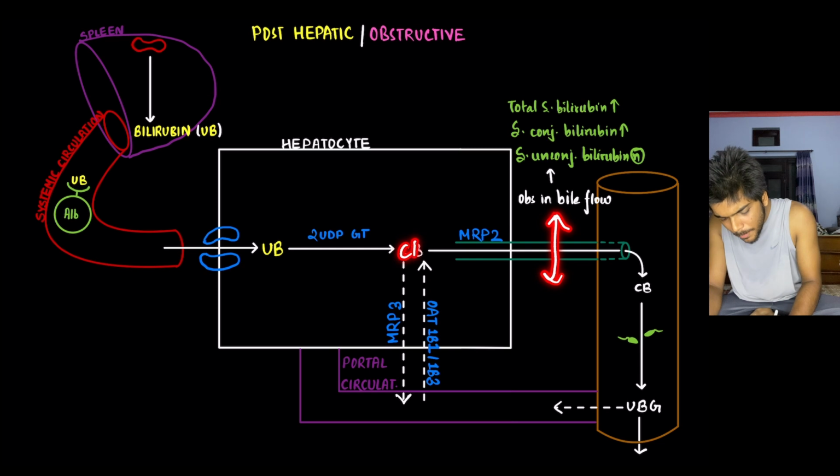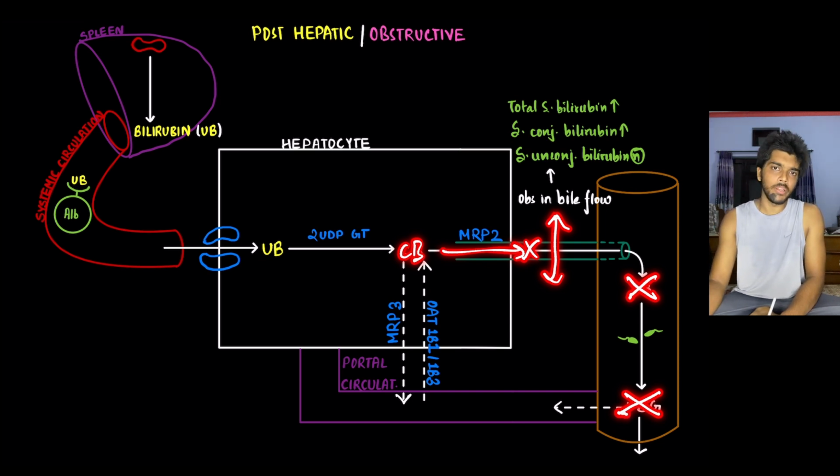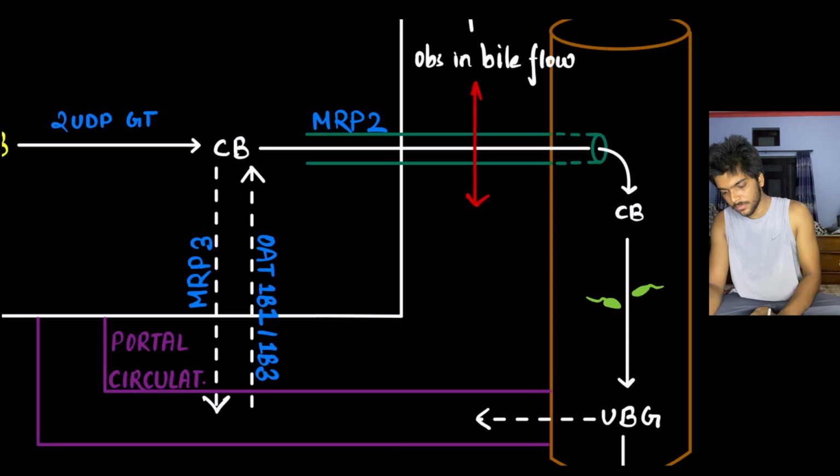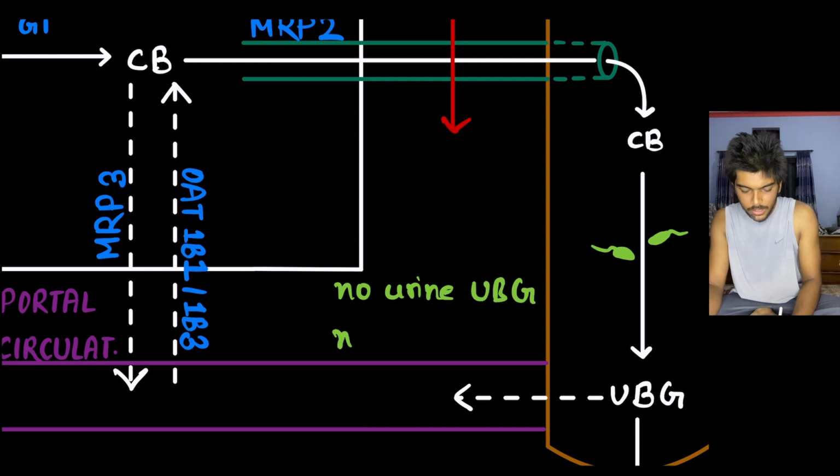So the conjugated bilirubin from the hepatocyte will not enter the duodenum. So there is no conjugated bilirubin in the duodenum. So there is no urobilinogen in the duodenum. So there is no urobilinogen in urine, and there is no stercobilinogen in stool.